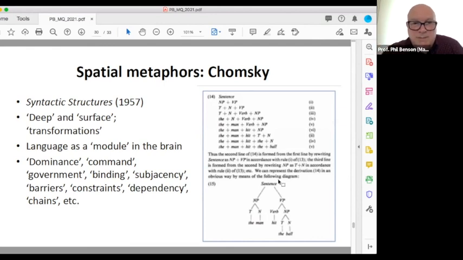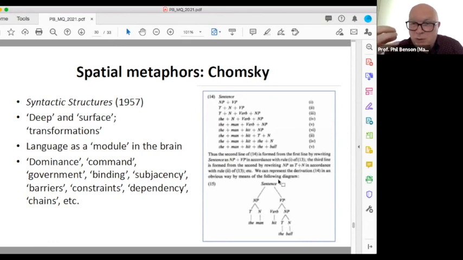So apparently Saussure was not a structuralist, and Chomsky was not a structuralist either. He said he wasn't, but he did write a book called Syntactic Structures, and he talks about deep and surface structures, transformations.